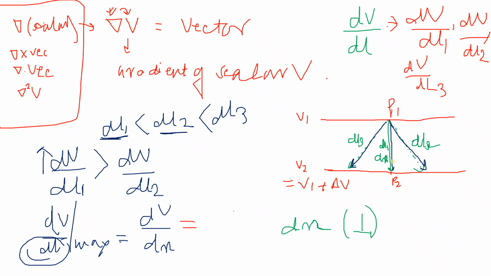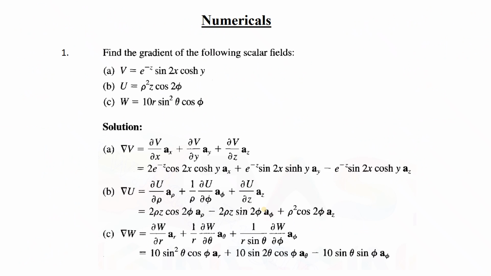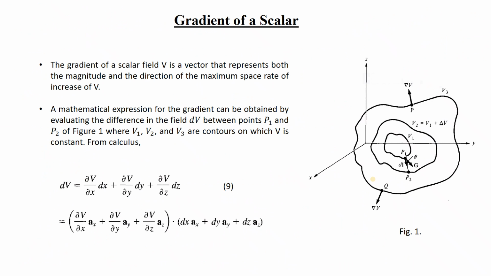That is, the space rate means the rate of increase in voltage or potential with respect to space. So the space rate of increase of potential, the maximum space rate of increase of potential, is called the gradient of V. That is called the gradient of V. So that one we have discussed over here.